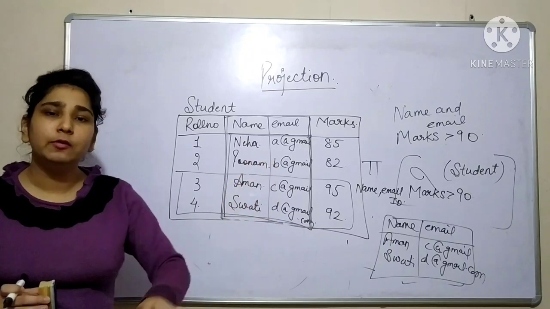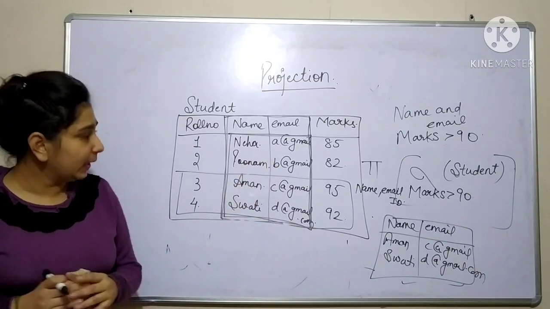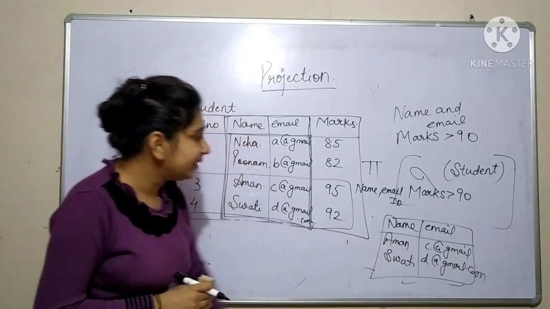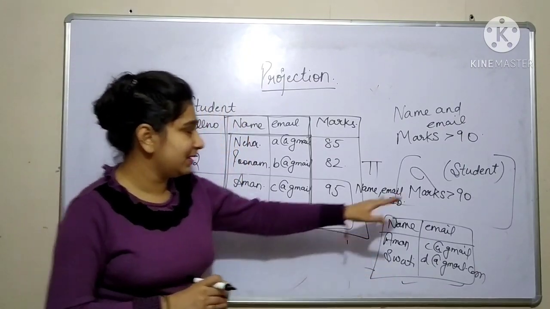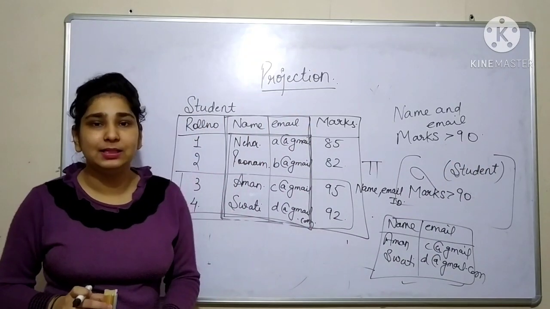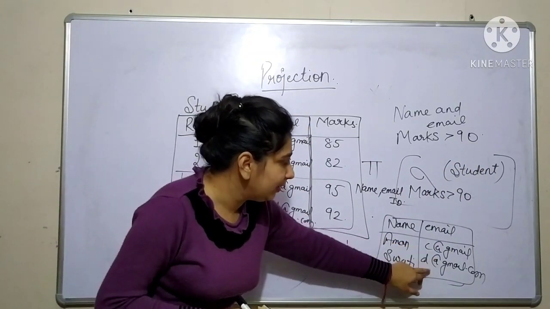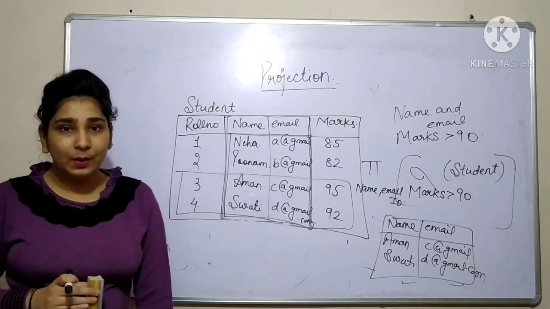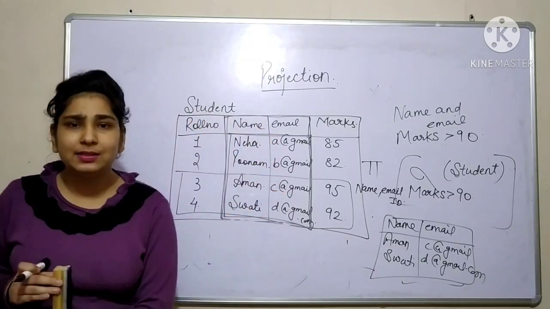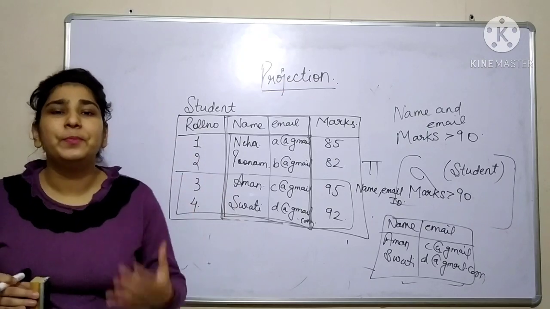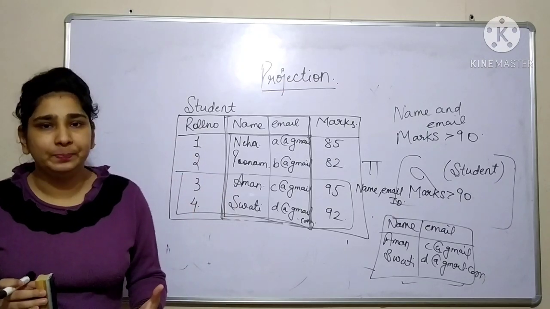If you look at it, Aman and Swati are the two students whose marks are greater than 90, and these are their email IDs. So we are doing nothing special, we are just processing the information present in the table.